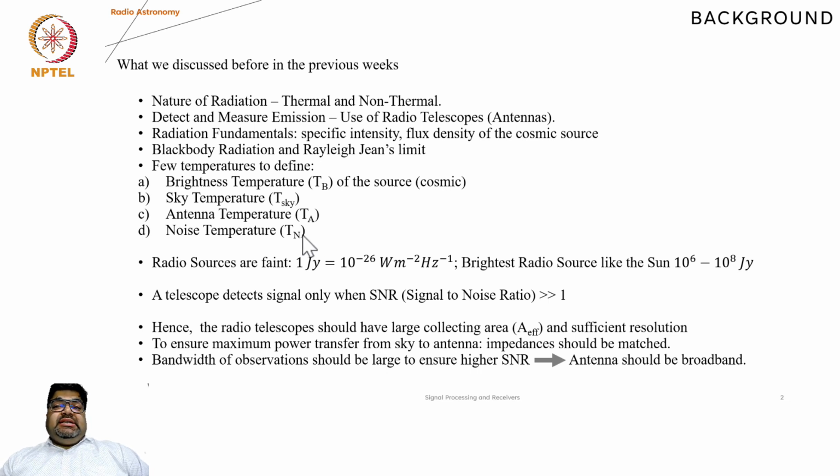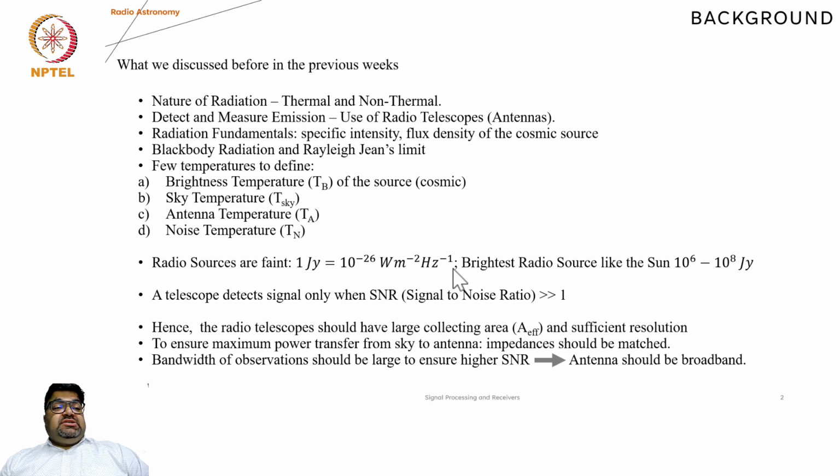The noise temperature here quantifies the amount of noise in a system, and the sky temperature or the brightness temperature of the source quantifies the amount of signal present, and it is the interplay between signal and noise. If you remember, because we are dealing with very, very faint signals in radio astronomy, we define the unit of 1 Jansky to be 10 to the minus 26 watts per meter square per hertz.